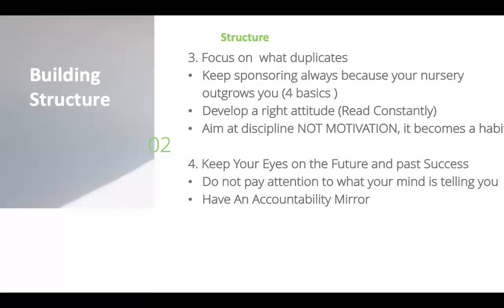She joined the business. She's very excited. I teach her what to do. If she's serious, eventually she's going to build her own team and become a director. You cannot use her volume to qualify as a director because our compensation plan requires you to build other volumes to qualify as a director. Okay? So focus on what duplicates.